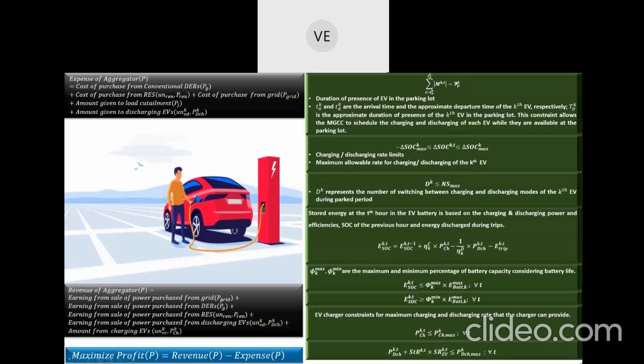But in the total duration, we don't know how much time it was in the charging mode, how much time in the discharging mode, and how much time in the idle mode. Three modes are there for each electric vehicle, right? So this M_kt gives the mode. It represents the mode of the kth electric vehicle at time period t. This is a multiplication factor for the active power output from that electric vehicle. If it is in idle mode, this M will be 0.